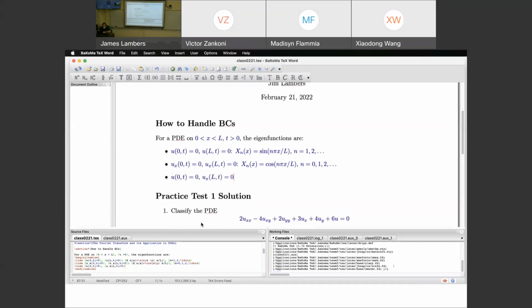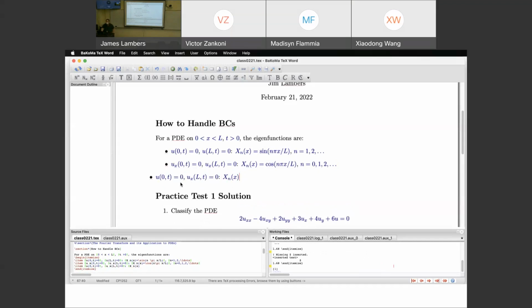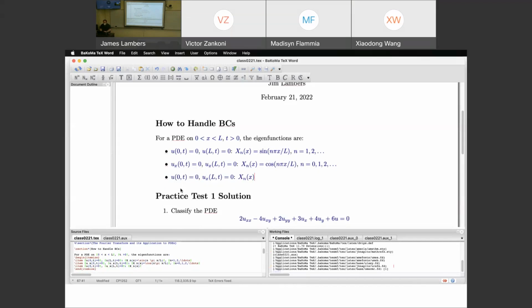This is one that has popped up at least once. The fact that it's equal to 0 at x equals 0 tells you that it's going to be a sine.